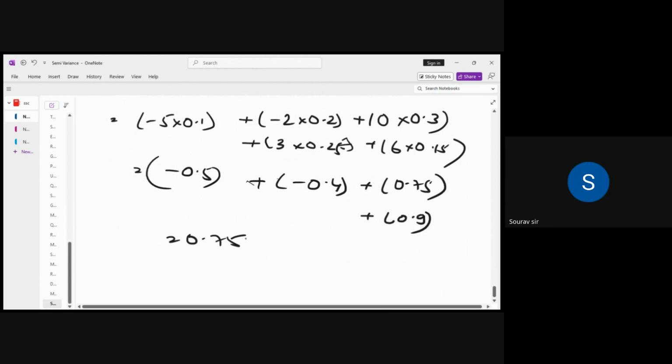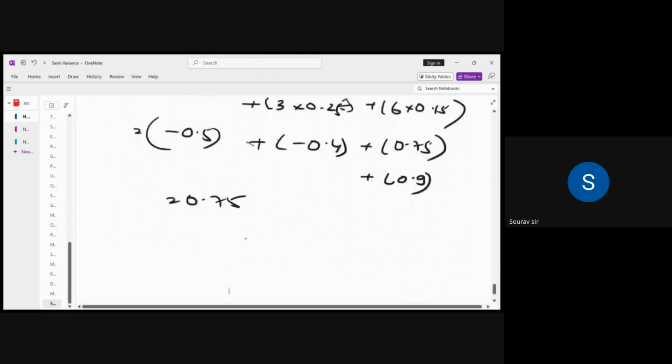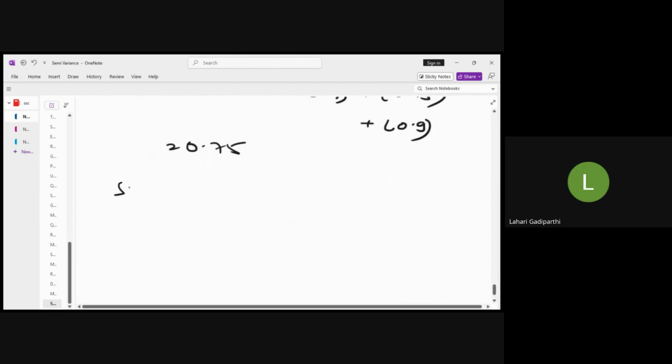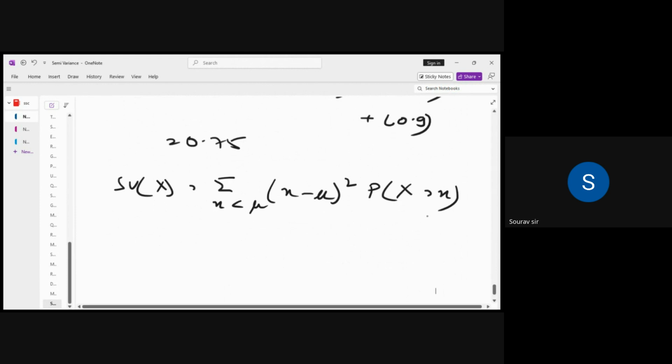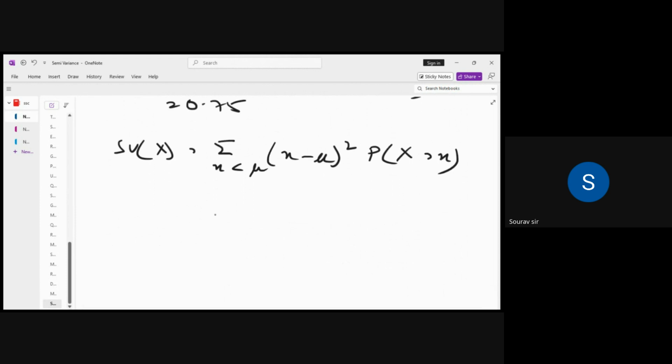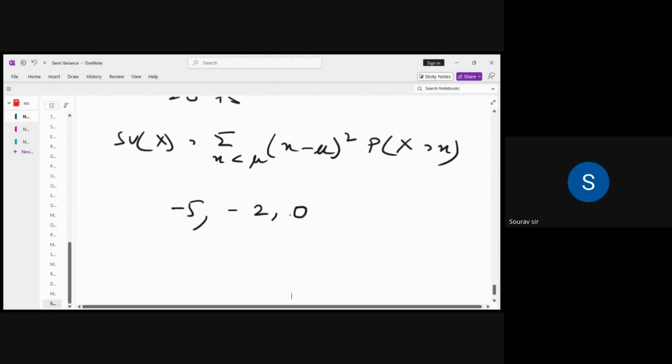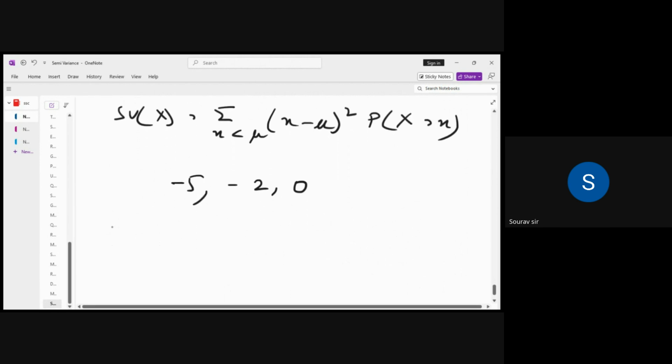And what does the semi-variance formula go with? It's the same expected value of X minus mu squared as variance, no? Yes, but it cannot be the same. So the values below the mean are X equal to minus 5, minus 2 and 0. So we will compute the squared deviation and multiply it with the probability.